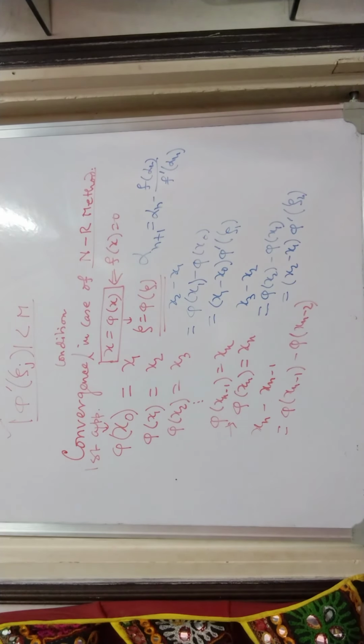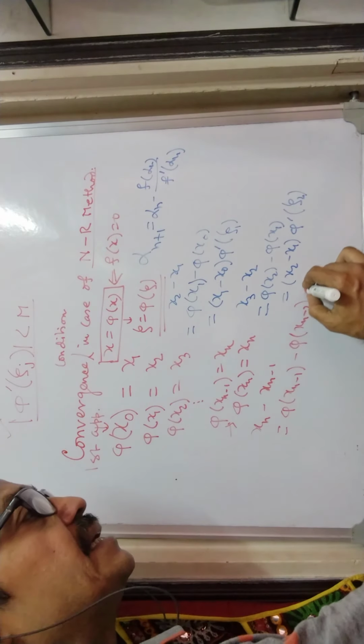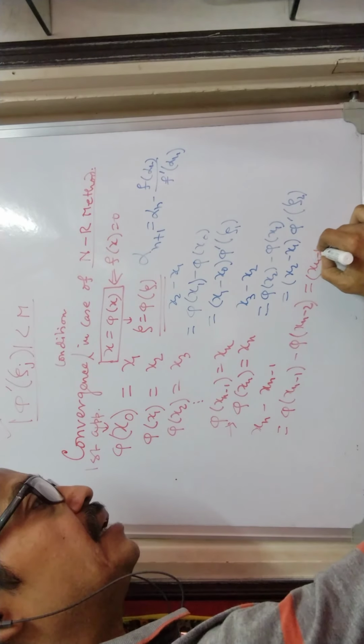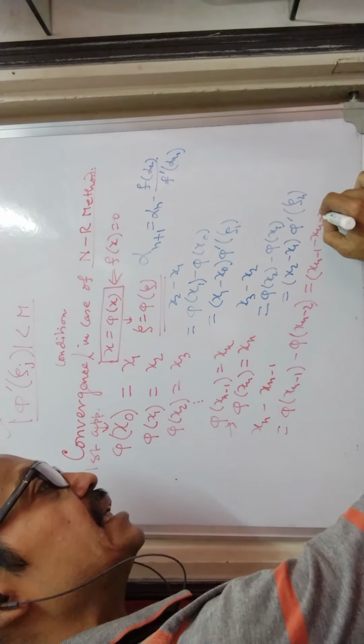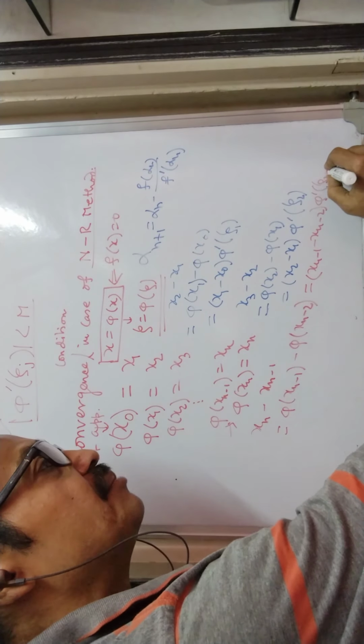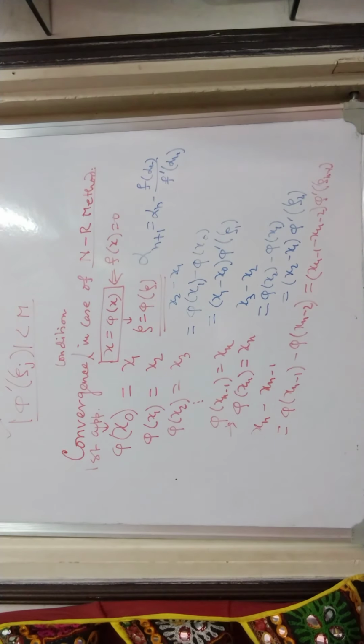And this, with this same mean value theorem, may be written as xn minus 1 minus xn minus 2 into phi prime zeta n minus 1. Isn't it so? So let us write it clearly.